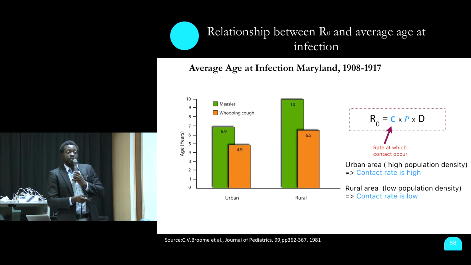In a rural area, we have low population density, and the contact rate is much lower. So in an urban area, R0 is much higher than in a rural area because of the difference in contact rates. So for the same disease, the settings and other elements here can influence the average age at infection.